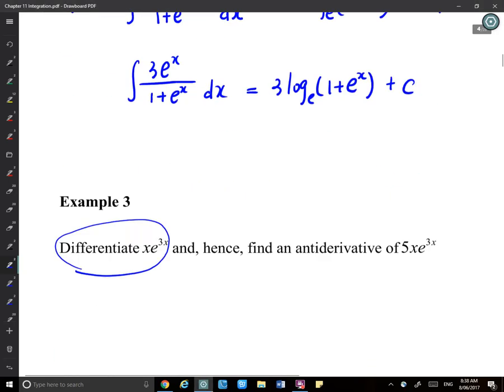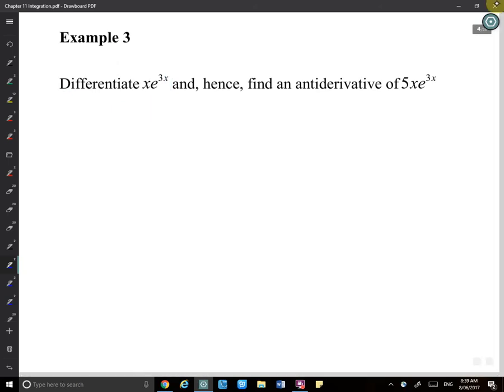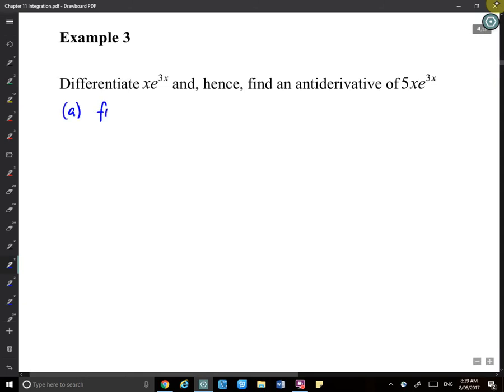Let's have a look at question 3. It asks me to differentiate x times e to the power of 3x. So part A is asking you to differentiate. Let's say f(x) equals x times e to the power of 3x. Then f dash x will be, that's the product rule.